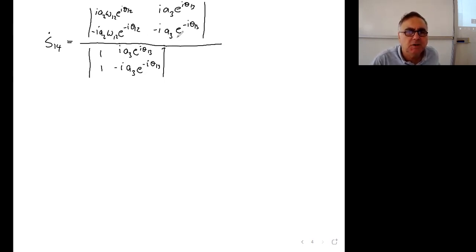Two determinants, you multiply them with each other, and the result is going to be a long expression, but it can be simplified.